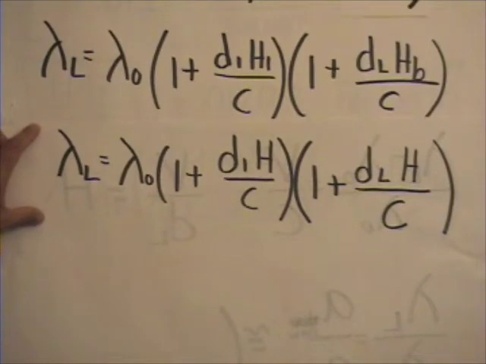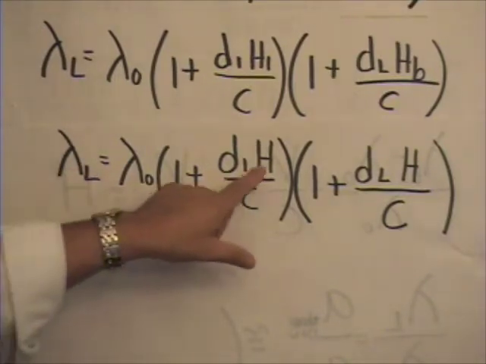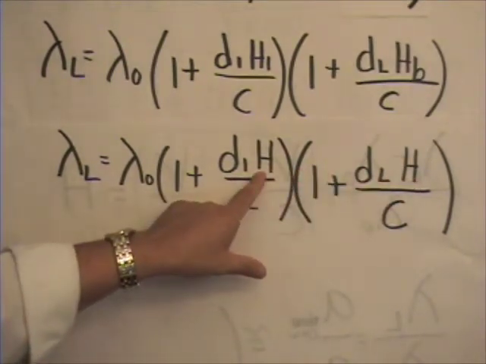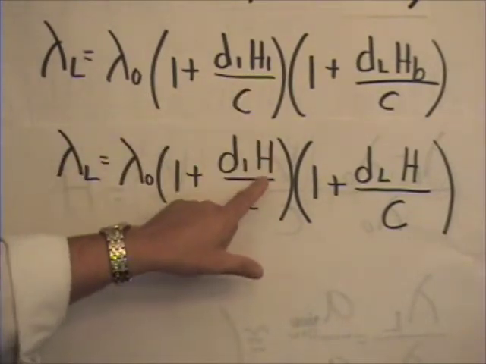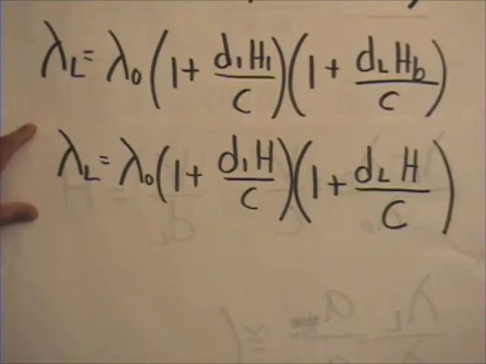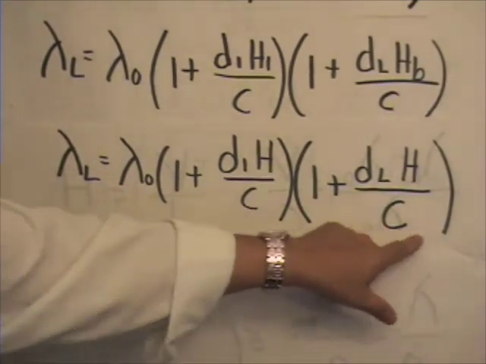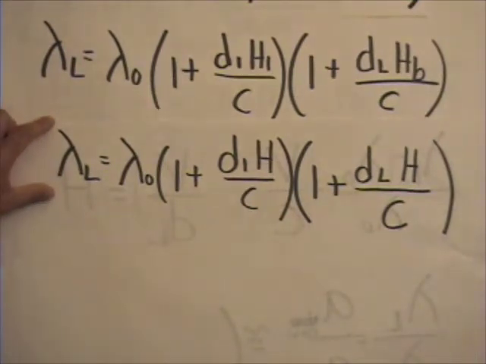Now, in another segment called Looking Back in Time, you may have already seen, or you will see, that this value for H is actually going to be a value that's much closer to this value H1 than to the value of H at the present time. But before we move on to solving that, let me just show you how the solution is going to end.